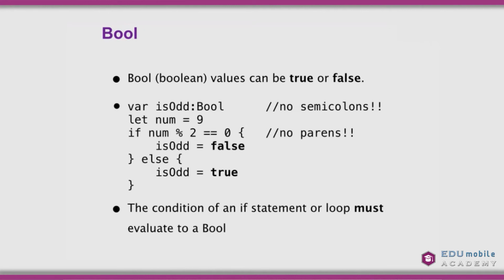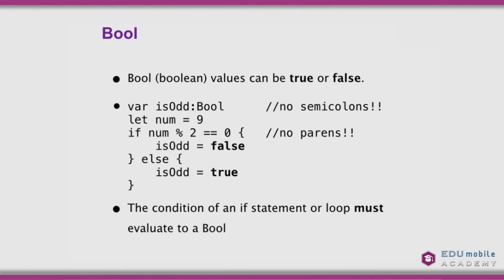Okay, bool is true or false, not the Objective-C yes or no, not some other weird 1 or 0. The values are true and false only. So no semicolons in Swift, by the way. We've seen that already. But we have a variable declared here, is odd, and it is said to be a bool.